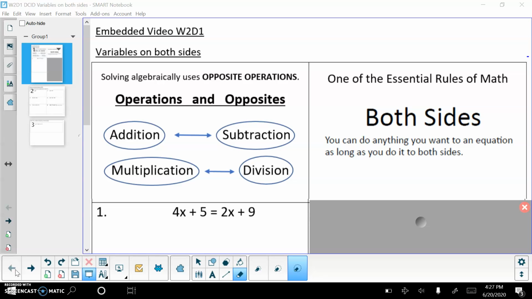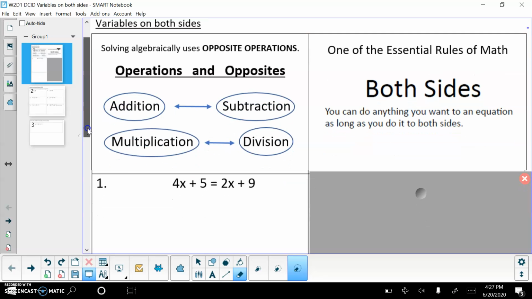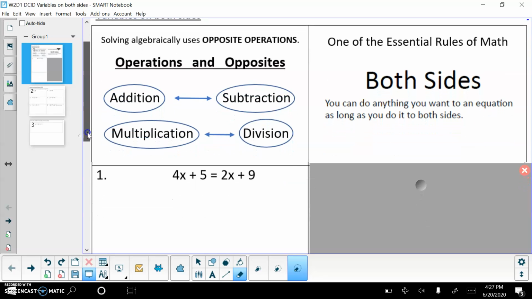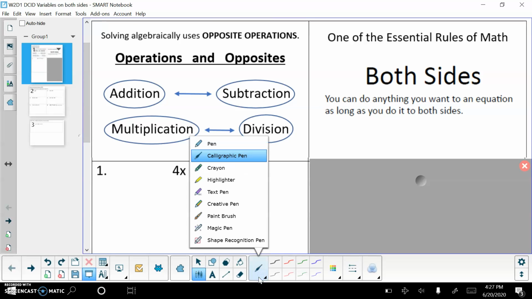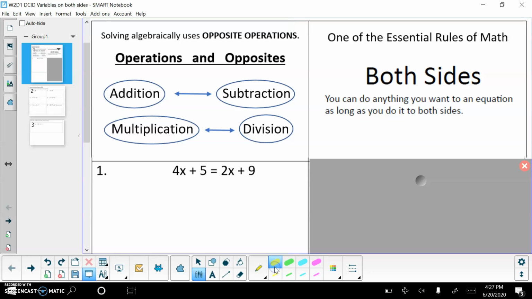Now, when we solve equations algebraically, like the one we've got down there, 4x plus 5 equals 2x plus 9, instead of drawing all the pictures, although I'm going to show you that, we use opposite operations. That's important to remember, because when you're doing things with algebra, you have to use opposite operations.